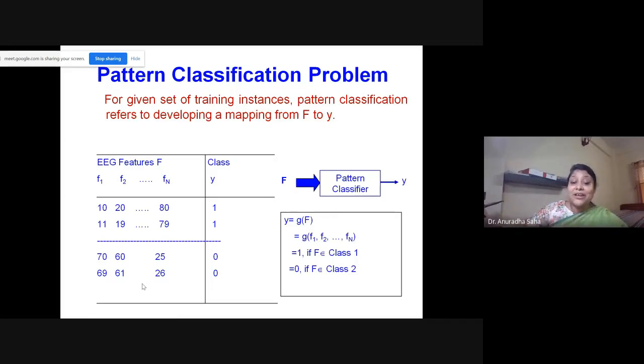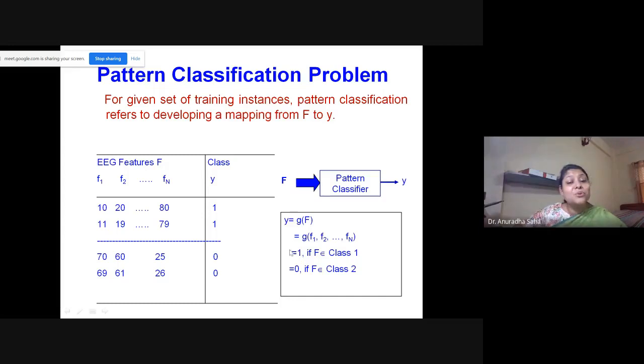And from a designing point of view, we can design a particular solution for this output, that is y equal to some function of f, where this function is called the discriminating function. So this f is nothing but all the feature values, starting from f1, then f2, f3, and up to fn.